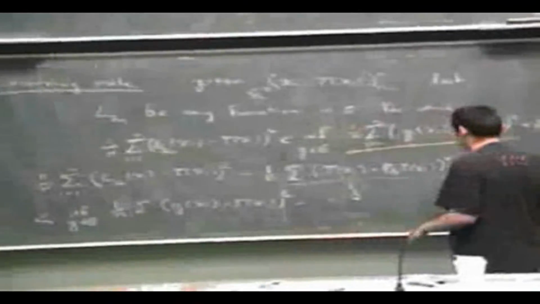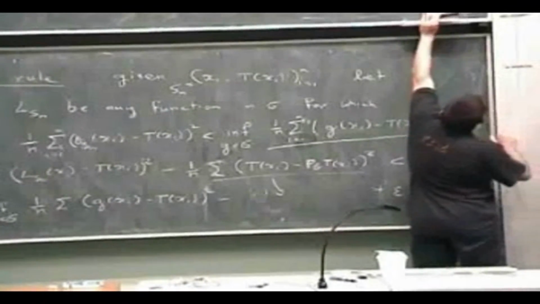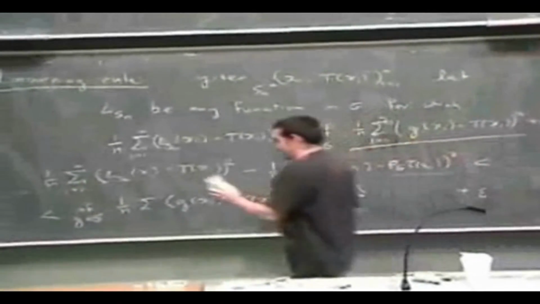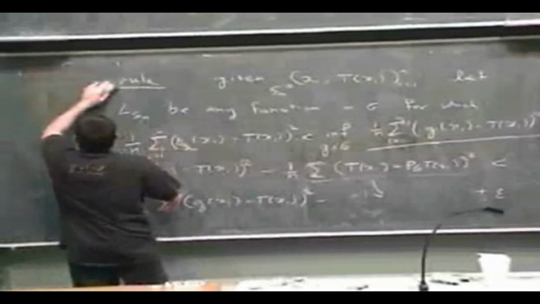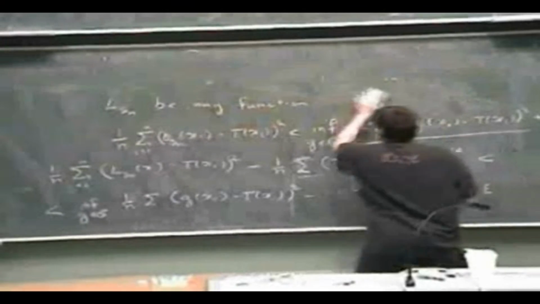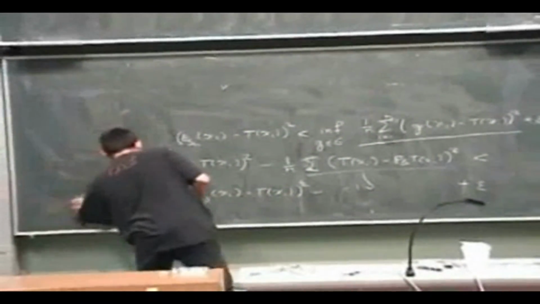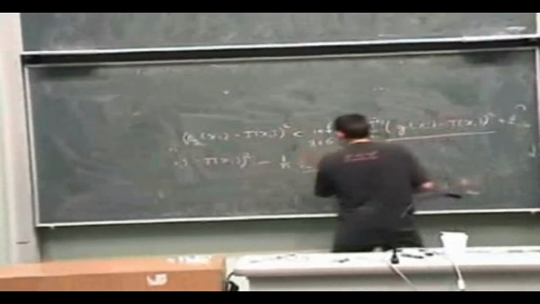Right? Because if you look at G1 minus G0 and G2 minus G0, both their expectations are small, so they can't be too far apart. Okay? Just think of it from the philosophical point of view. What I'm actually doing is constructing an approximation of G0. If two functions approximate the same function, they have to be close.